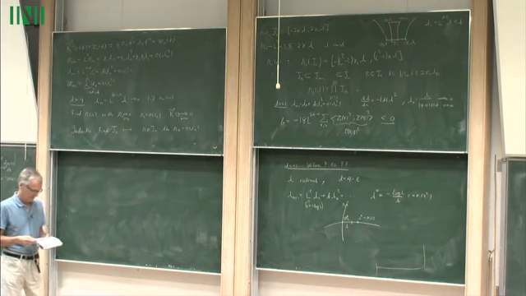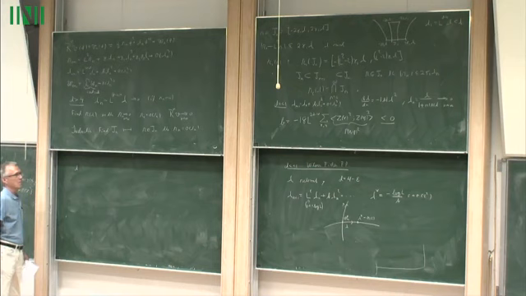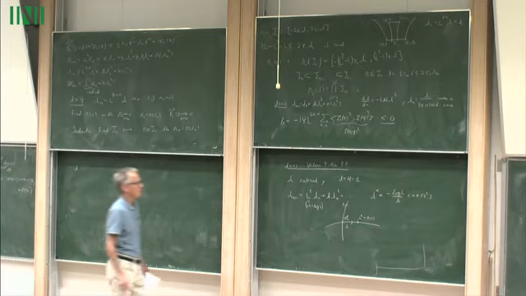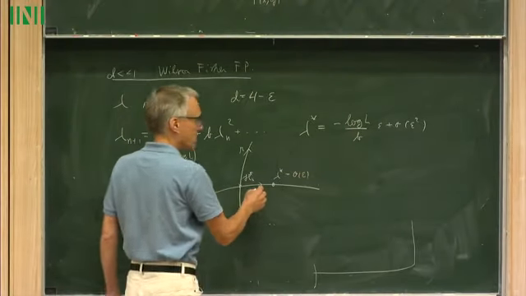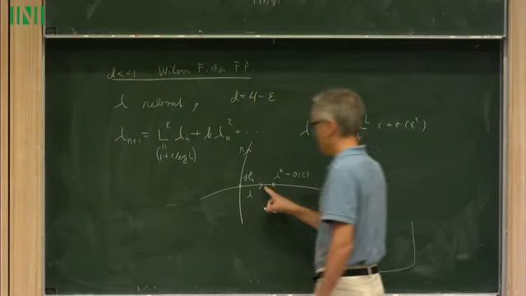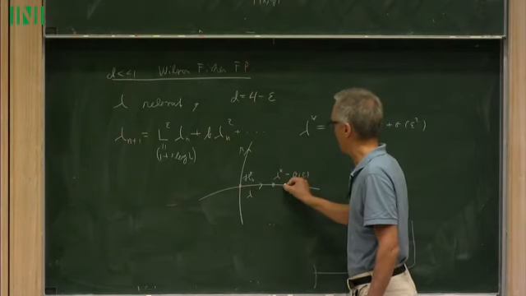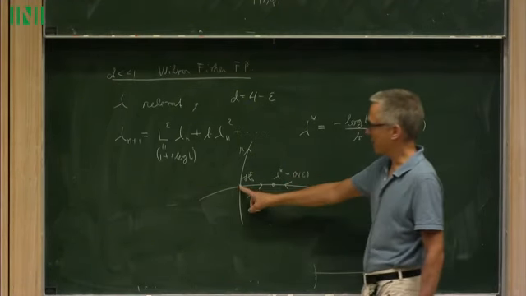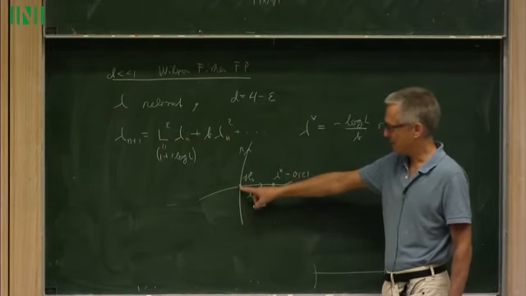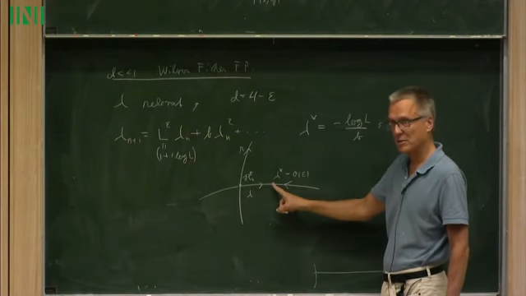Why are you not drawing the unstable manifold out of this fixed point? Well, it's not intersecting the lambda at the fixed point. The unstable direction should go through the fixed point, no? Here's a new fixed point. So there are 2 fixed points. This is the one which is infrared unstable, and this is infrared stable.